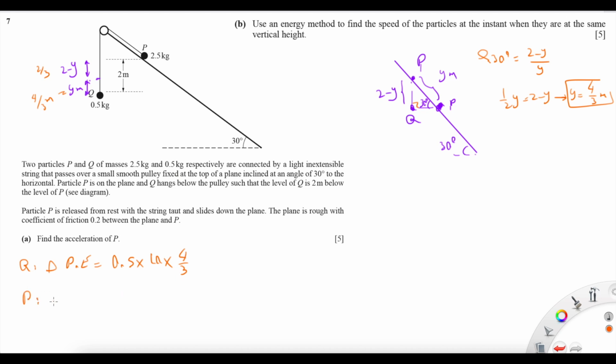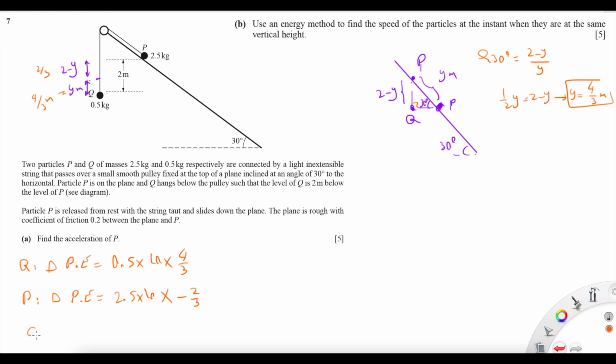For object P, delta potential energy will be equal to m, which is 2.5, times g, times the vertical distance, which is 2 over 3. But negative 2 over 3 because it comes down. So it will become 2.5 times 10 times negative 2 over 3.